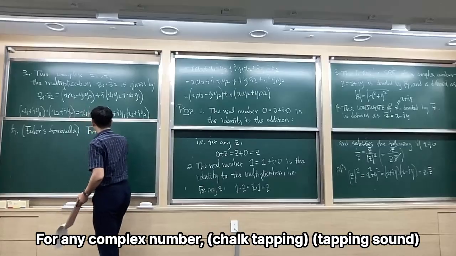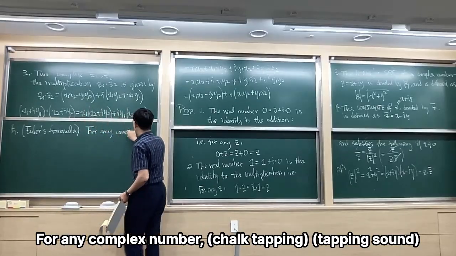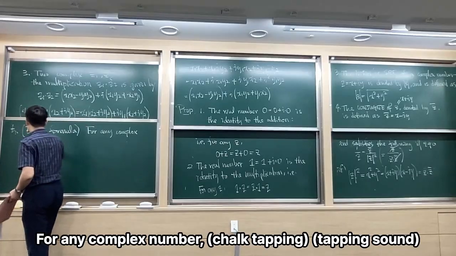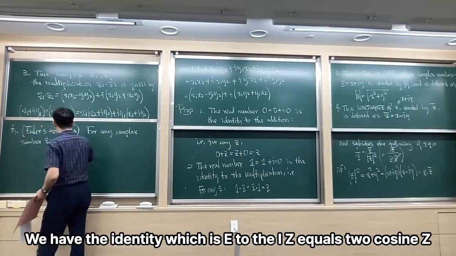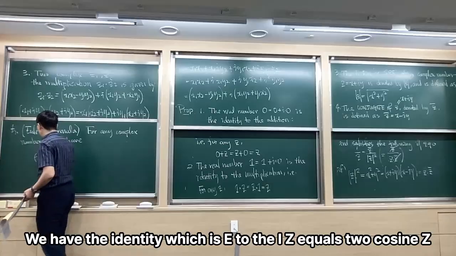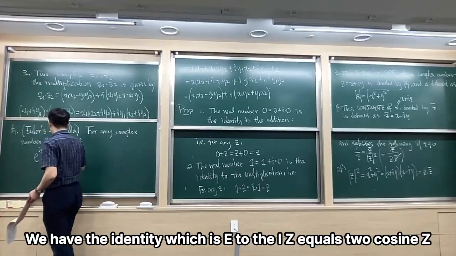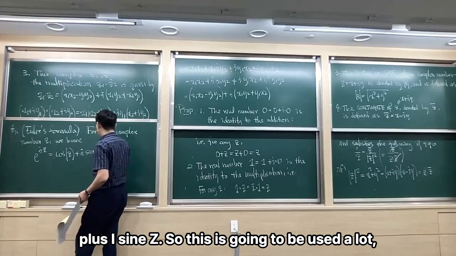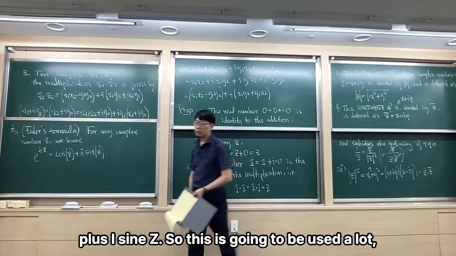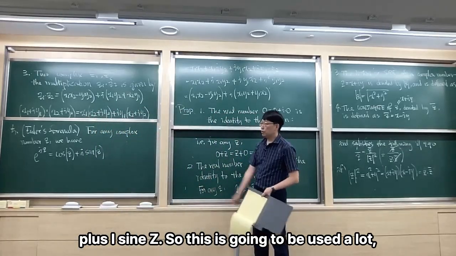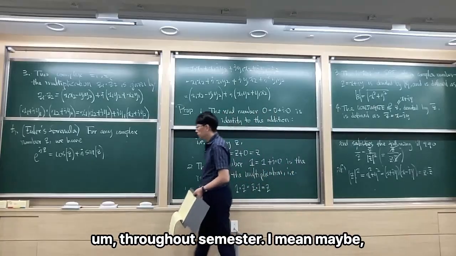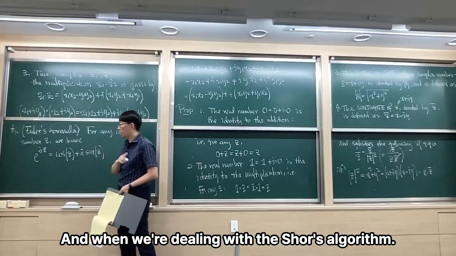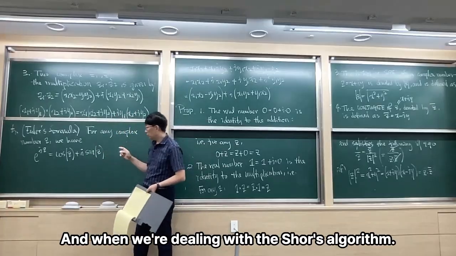For any complex number z, we have the identity e to the iz equals cosine z plus i sine z. This is going to be used a lot throughout the semester, maybe first when we're dealing with Shor's algorithm.